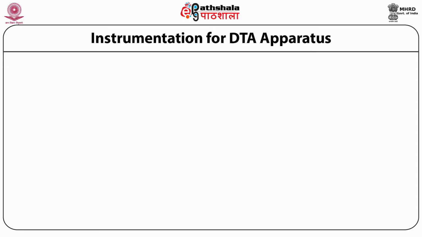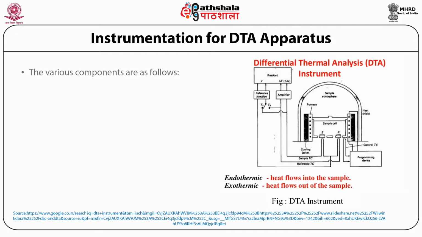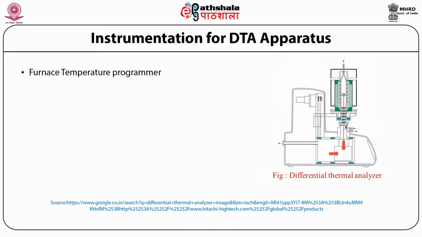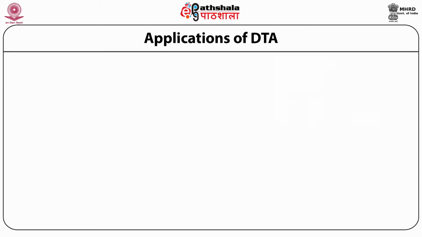As a large number of different types of instruments are available for DTA studies, the DTA apparatus shown schematically in figure 2 has various components which include furnace, sample holder, DC amplifier, differential thermal detector, furnace temperature programmer, recorder, and control equipment.